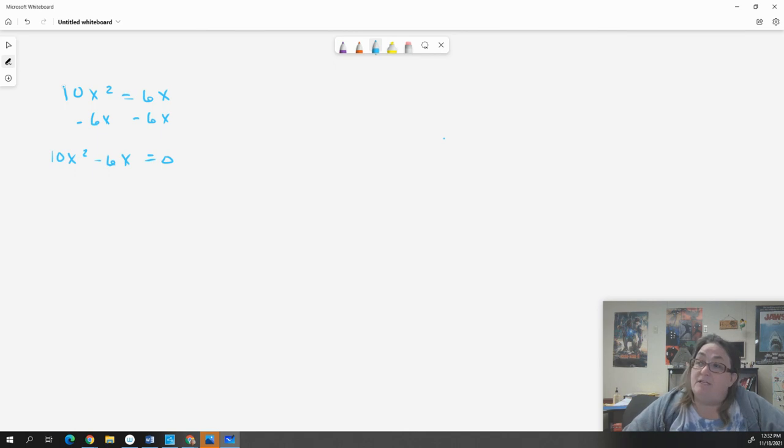If I was factoring this, it's not a trinomial, but each piece has an x, right? And I could also say each piece is divisible by 2, right? If we remember, before we had to pull out that greatest common factor first. Well, my greatest common factor of 10 and 6 is 2, and each of them has an x, so I can pull out 2x.